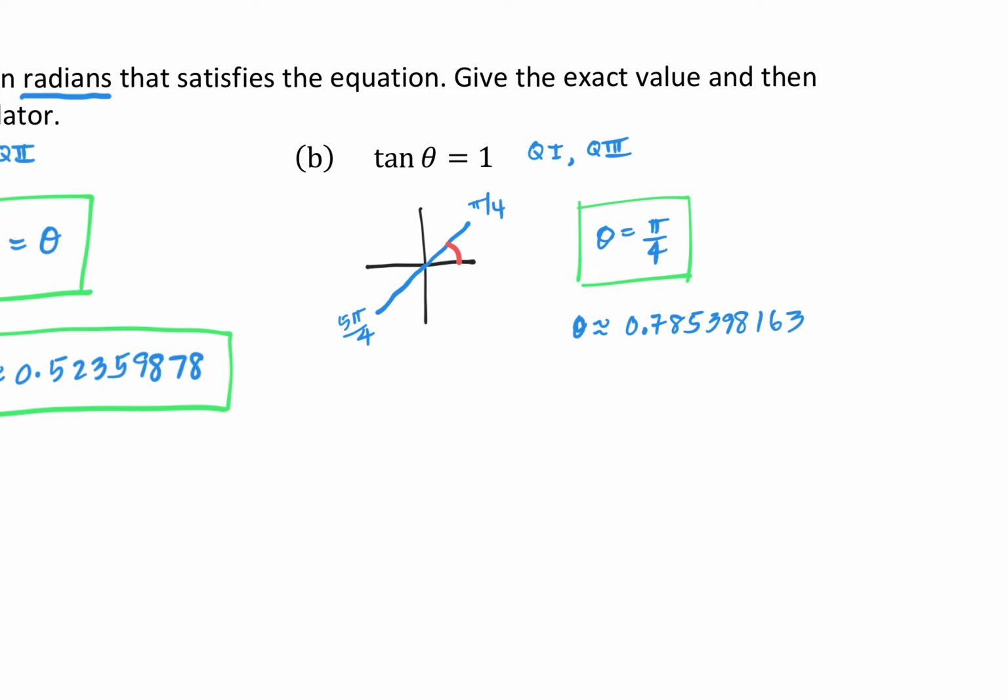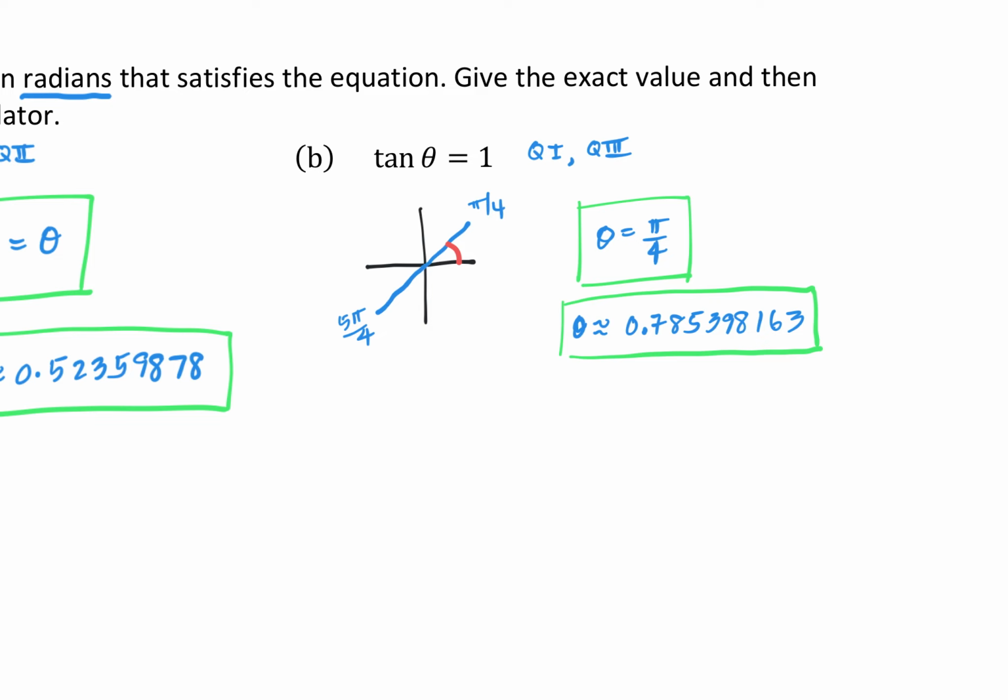So that's what shows up on my calculator. Again, yours may go out longer or be a little bit shorter. So just write down whatever you have on your calculator, and that would be the approximation. So my tangent inverse of 1 is going to be equal to that.